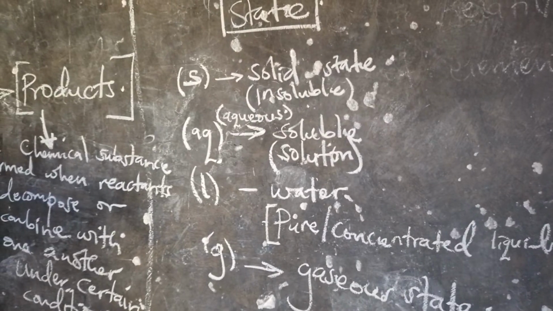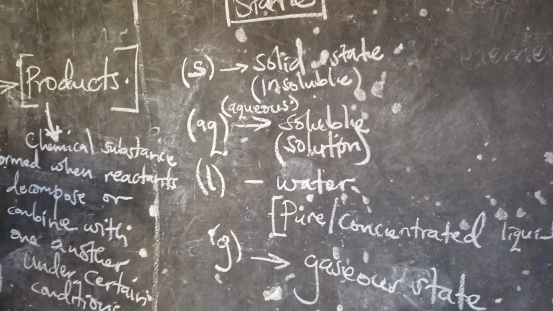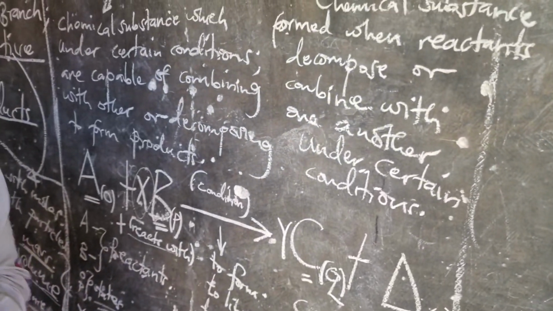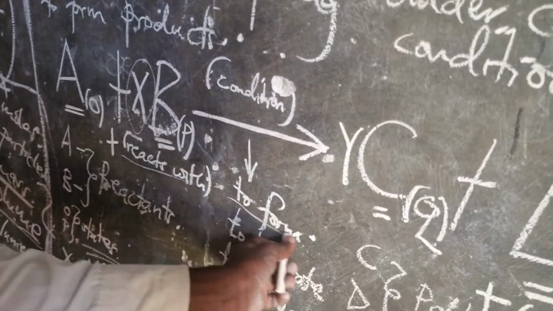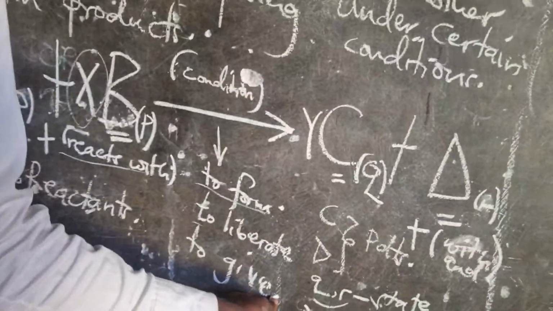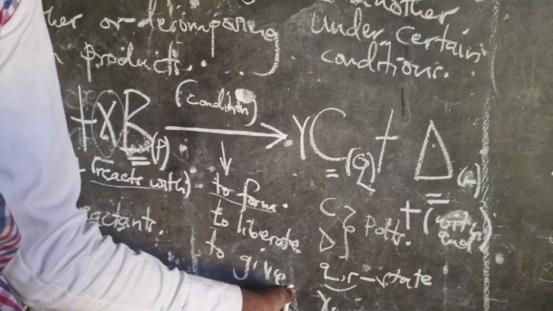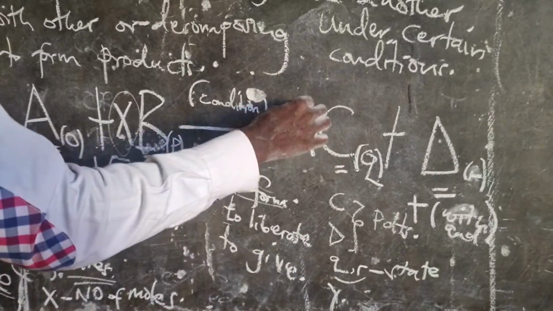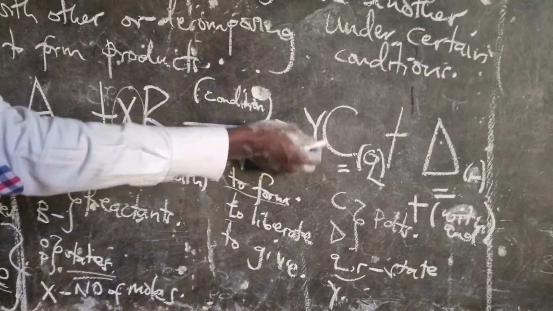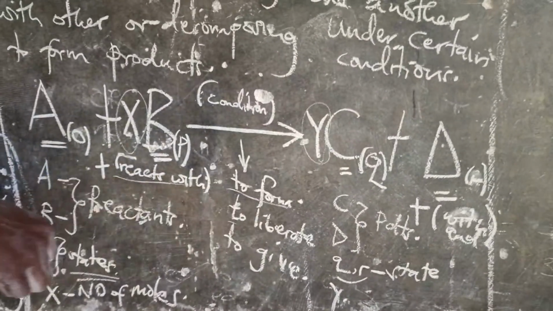So we said the plus sign on the reactants side stands for reacts with. The arrow stands for to form, to liberate, to give. These unknowns Y and X are numbers representing number of moles.